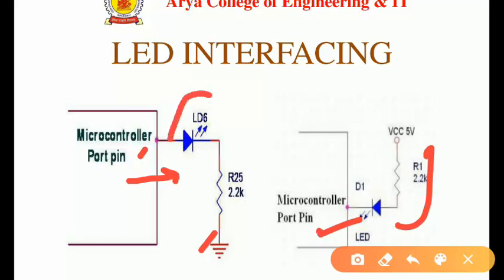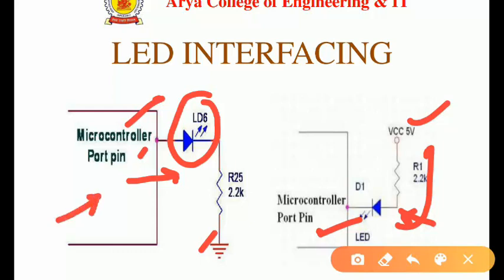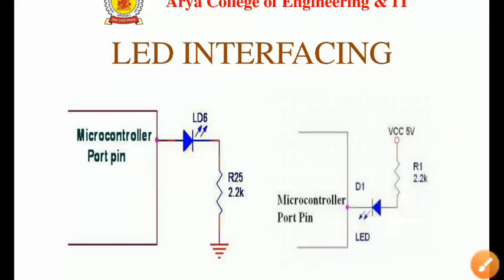So here the LED will get the input from the microcontroller pin, whereas in this interfacing, we have input for this LED from the power supply. So in the first diagram we are not using the VCC supply for glowing the LED. Very simple LED interfacing with microcontroller.